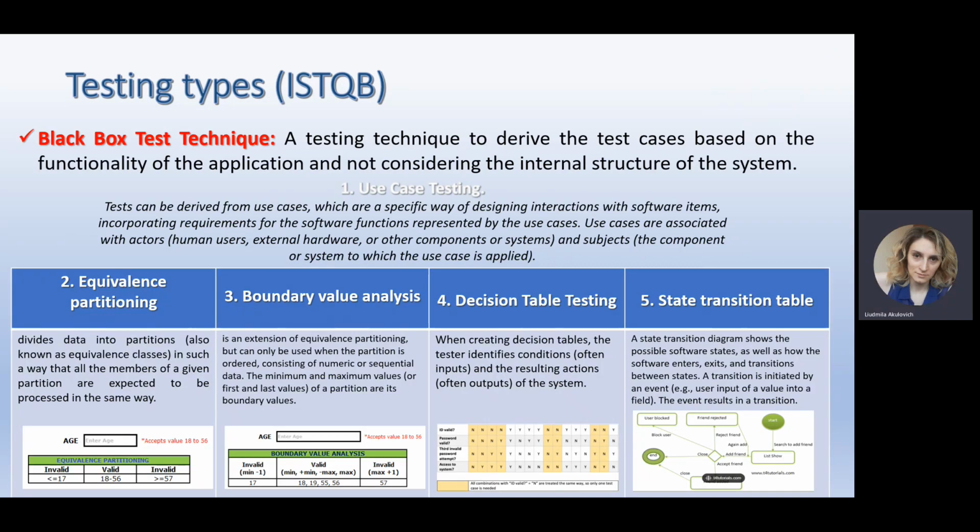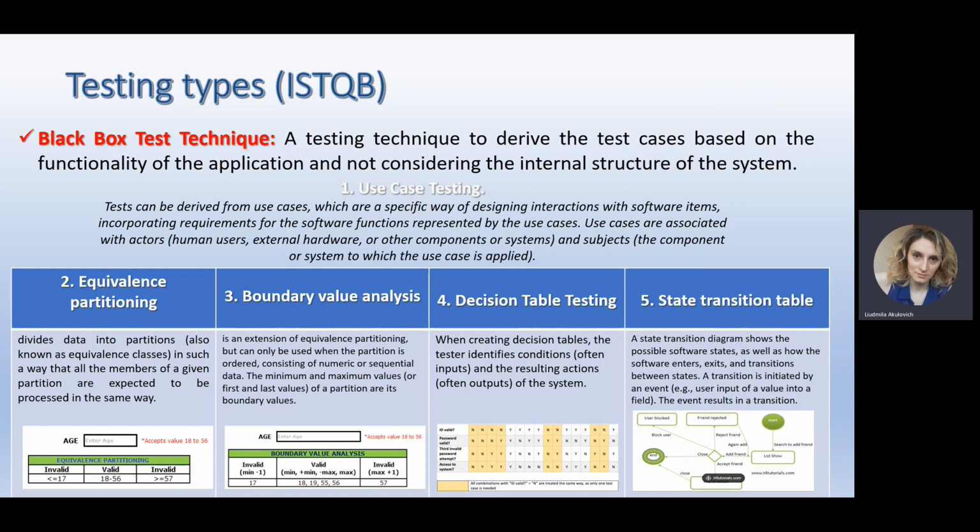But you should pay attention that according to ISTQB, black box is more about test technique. And there are 5 subdivisions of black box test technique: use case testing, equivalence partitioning, boundary value analysis, decision table testing, and state transition testing. If we are talking about use case testing, again a test technique of black box testing, in this case tests can be derived from use cases.